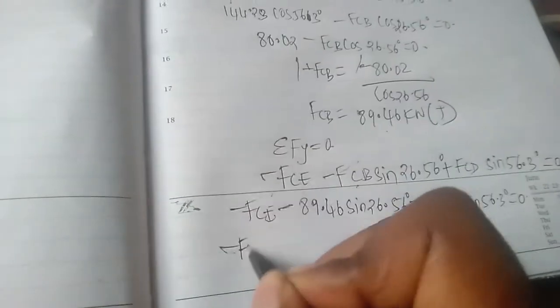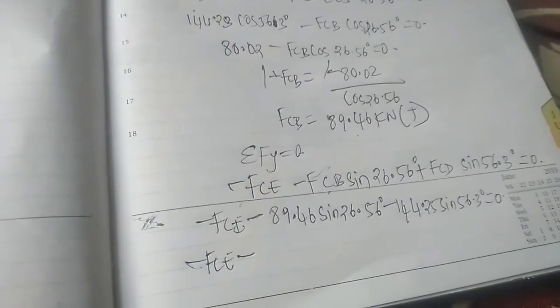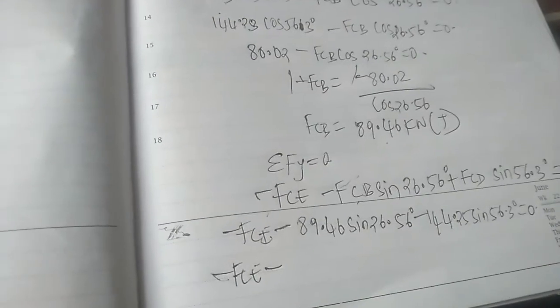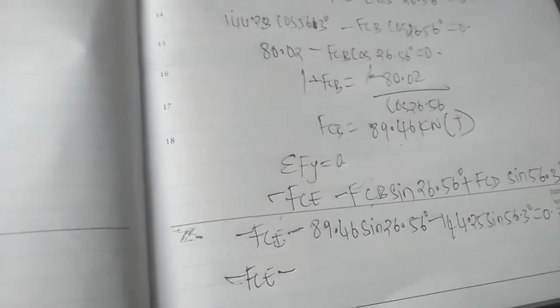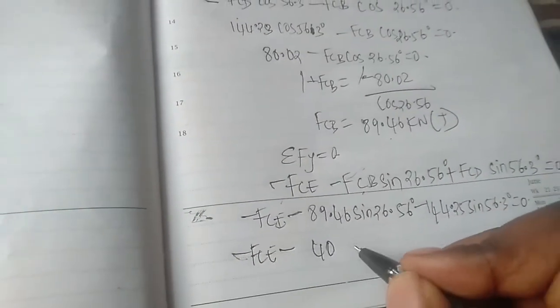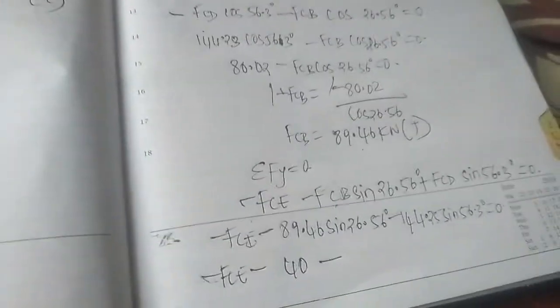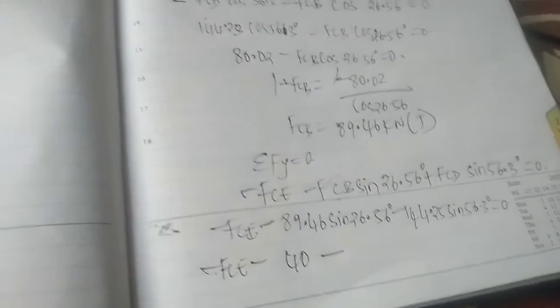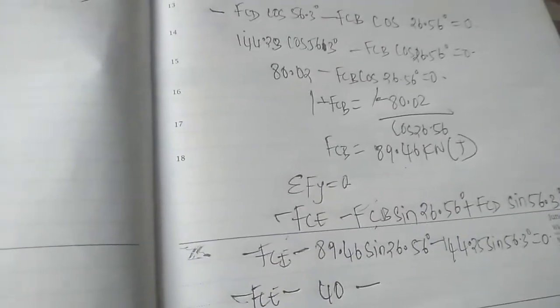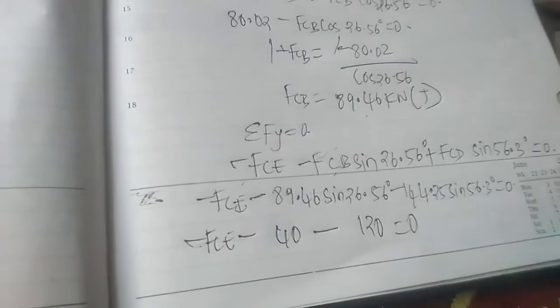Keep this minus FCE aside. First solve all these other terms. 89.46 sine 26.56 is nothing but 40, minus 144.25 sine 56.3 is nothing but 120, is equal to 0.